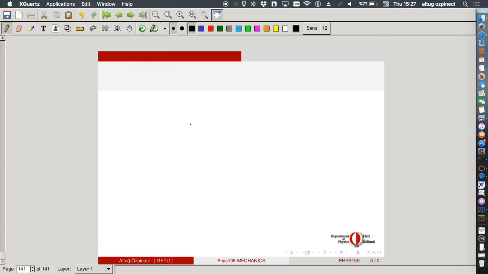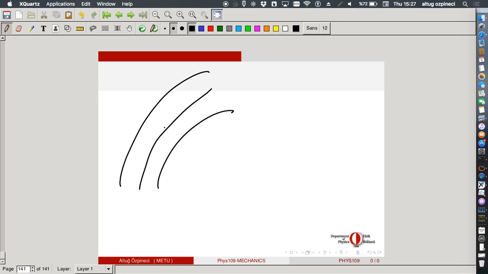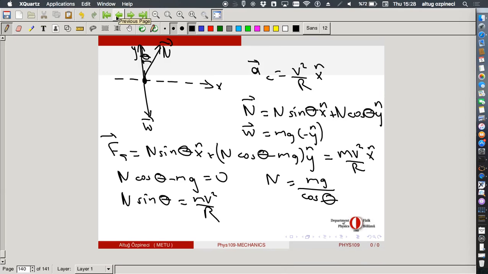So this is our curve. This is the trajectory that you would follow for a given speed. Let's call it v critical, this critical speed. Now if you go with a slower speed, remember, whatever your speed is, n is determined by your weight and by the road itself. N doesn't change if you change your speed. So n sine theta doesn't change, so mv squared over r shouldn't change.